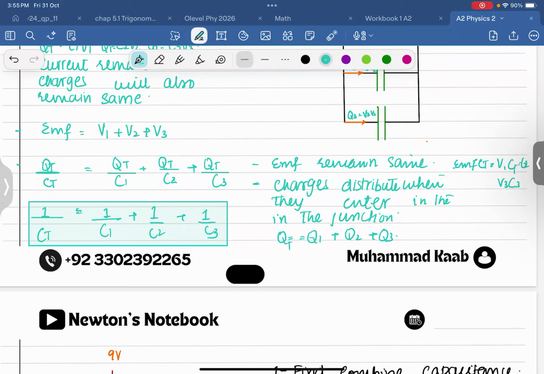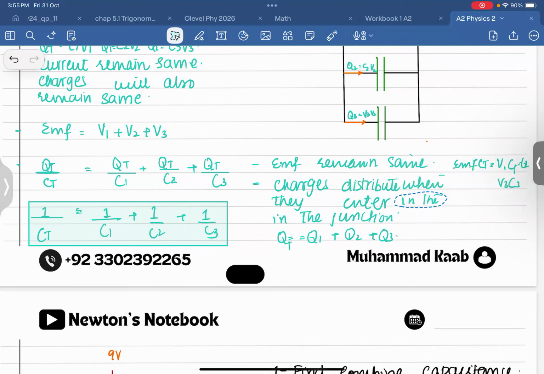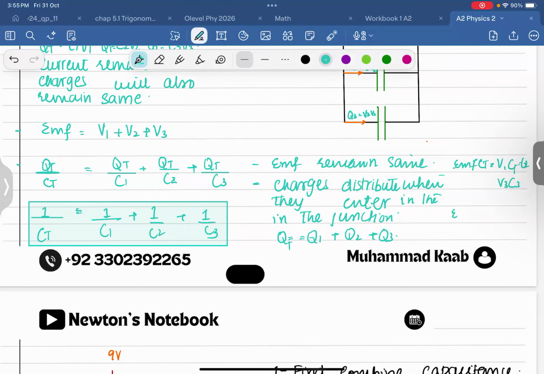Now we can cancel all the V's out, and we'll be left with C total is equal to C1 plus C2 plus C3. So this is the concept for the capacitance in parallel.